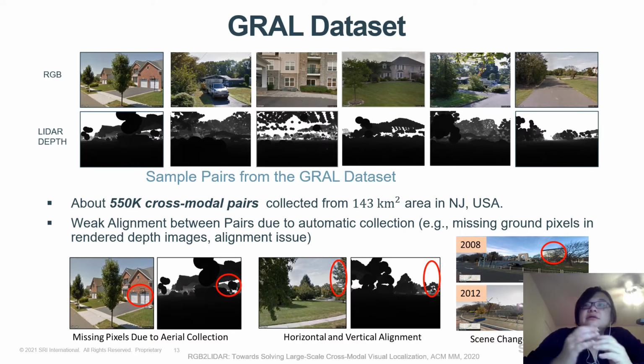In addition, the scene can change over time. There can be scene differences across time during the data collection. Therefore, this is a challenging dataset. However, it can be a good benchmark dataset for the cross-modal geolocalization problem.